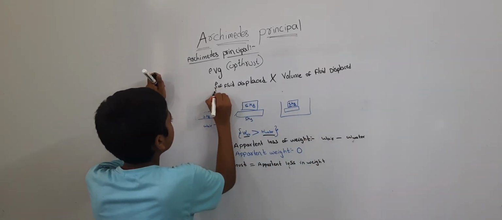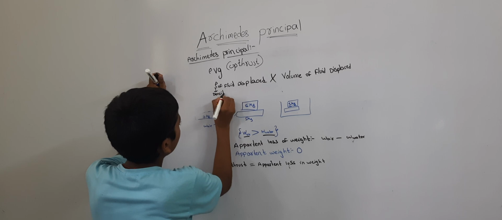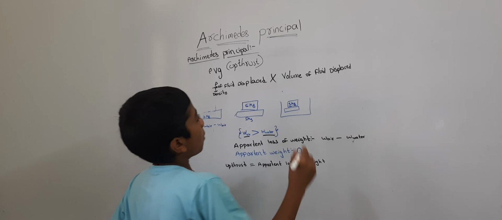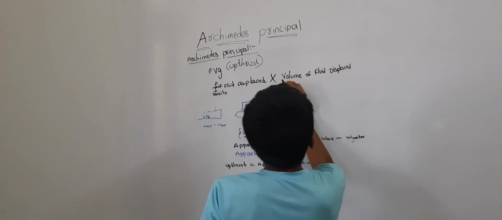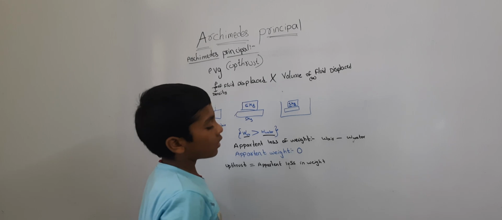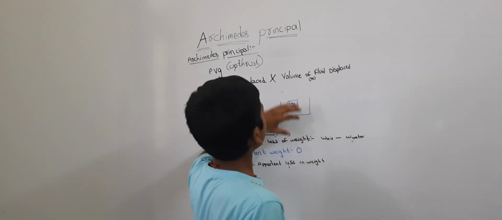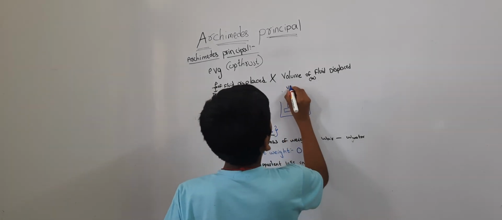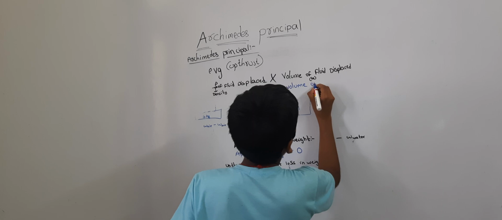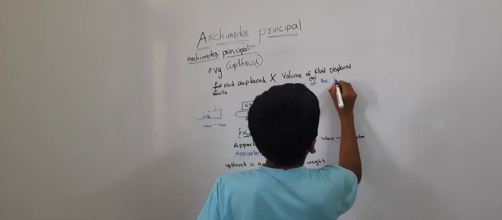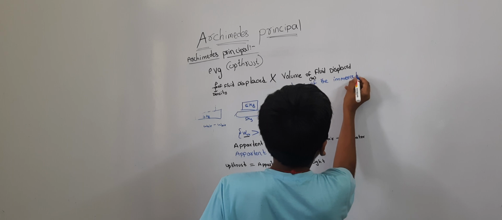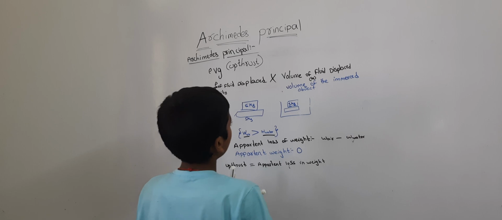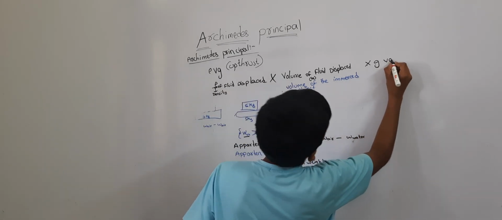This symbol indicates the density, which we call rho. The volume of the fluid displaced is equal to the volume of the object, so we can write the volume of the immersed object, into the g value.